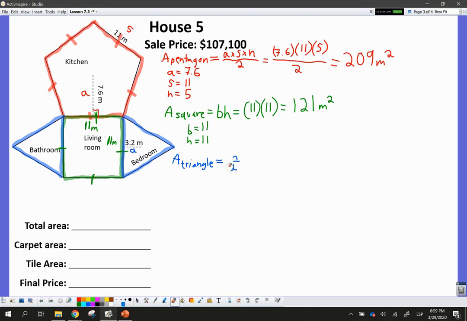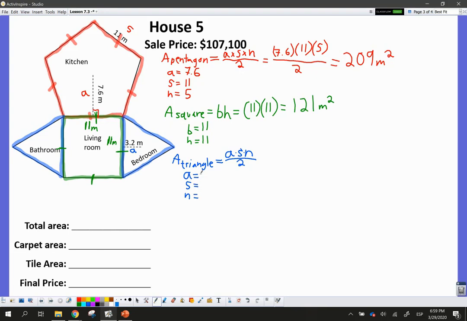So let's erase that. Instead, we're going to have to use the formula for area of a regular polygon, A times S times N. Apothem times side length times number of sides divided by 2. We're going to have to use this formula again, which is fine. There's no problem there because we know how to use it already.